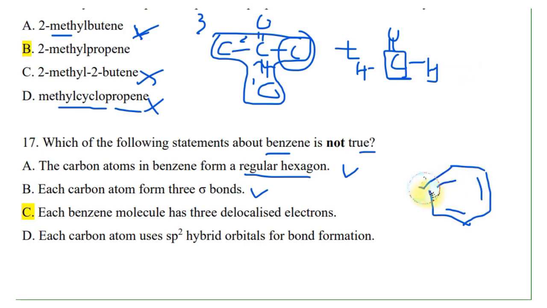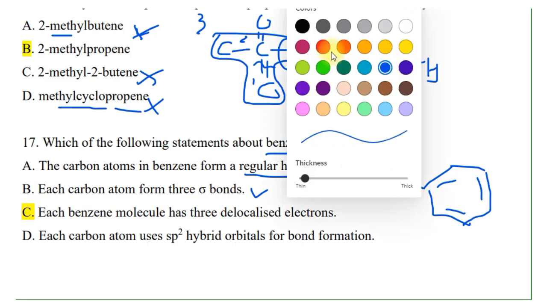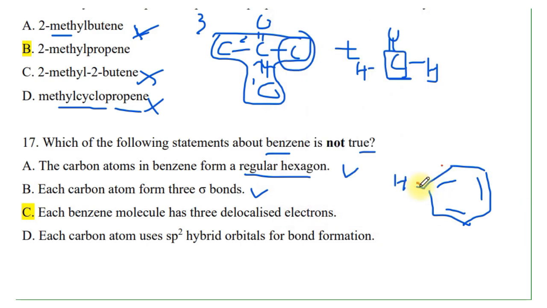We check there's one hydrogen over here. So use another color to represent it. You see, 1 sigma, 2 sigma, 3 sigma, and then here there is 1 pi bond. So for a benzene ring, when you check the bonding, actually it is 3 sigma plus 1 pi. Since the question mentioned 3 sigma, yes, correct.